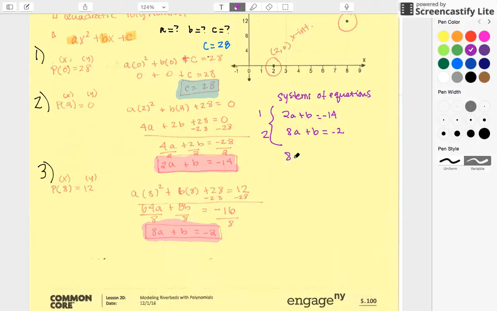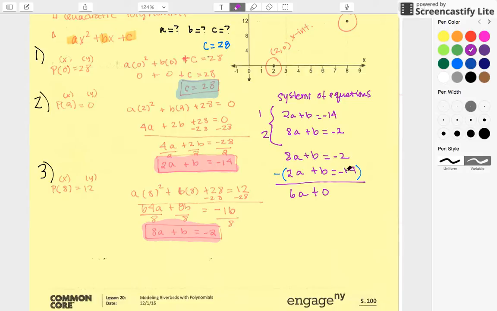Okay, so I'm going to do 8a plus b equal to negative 2, and then 2a plus b is equal to negative 14. Okay, so I'm going to subtract that. I'll use a different color so you can see what I'm doing. Okay, and then we'll go ahead and do this. 8a minus 2a is 6a. B minus b is 0.